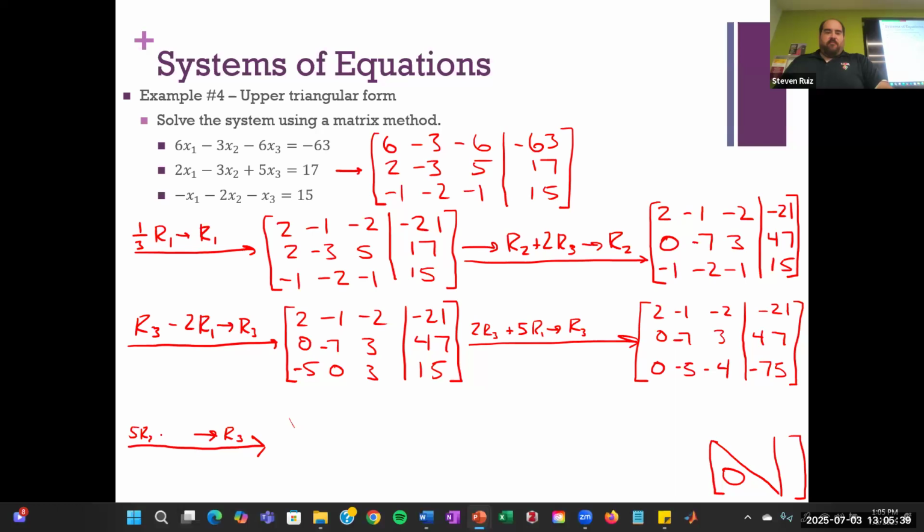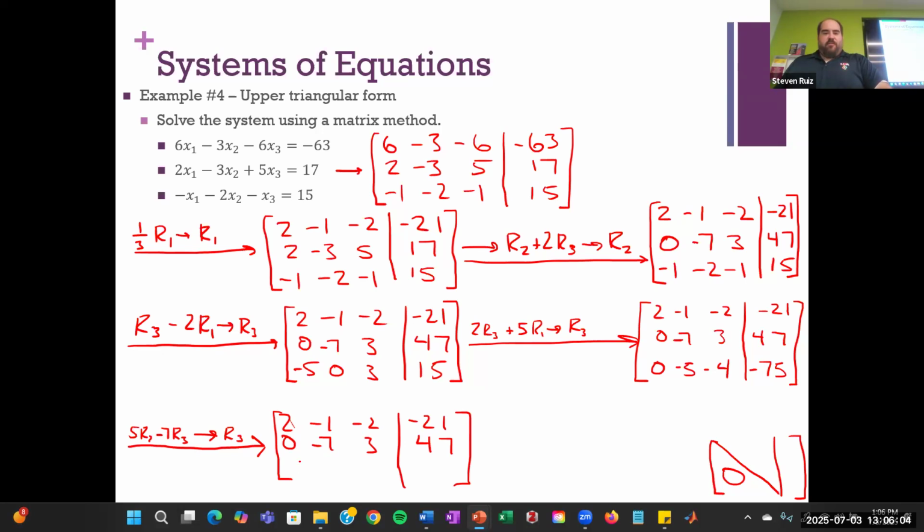I guess it would be minus. Yeah, they're the same sign, so I've got to subtract one of them. Minus 7 of row 3. Okay. So 2, -1, -2, -21. I really don't want that to be negative.